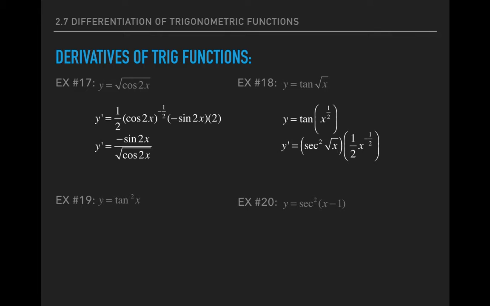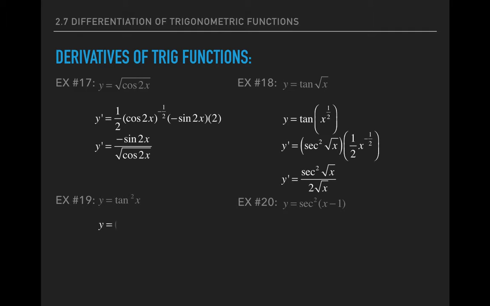And you take the derivative of that inside function, which would be 1/2 x to the negative half power. This can be written as secant squared of the square root of x over 2, and that negative exponent, we can write it as a root in the denominator.